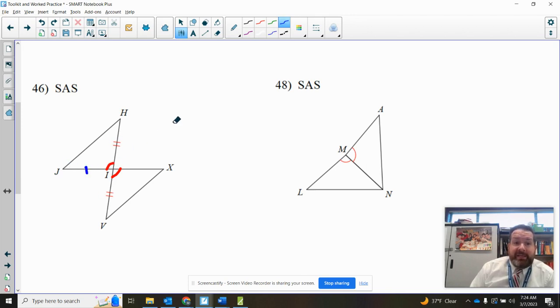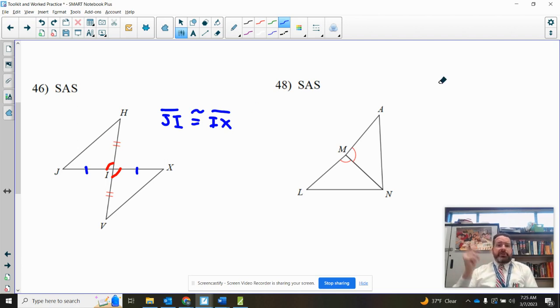It's got to be segment JI that I'm working with. The angle's got to be between the two sides. Down here, same thing. This angle's got to be between the two sides. So the side that I have to use is IX. There's your SAS setup. SAS, SAS.